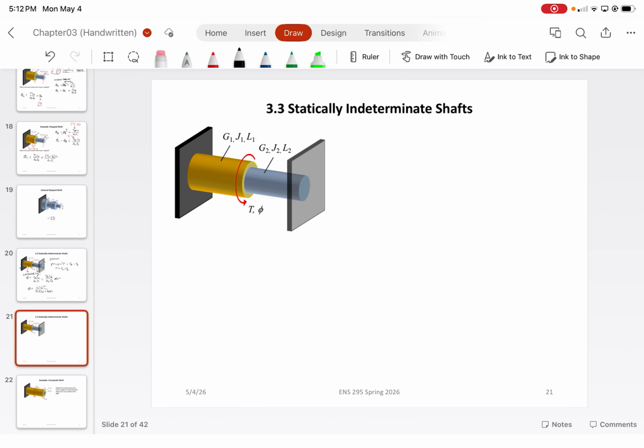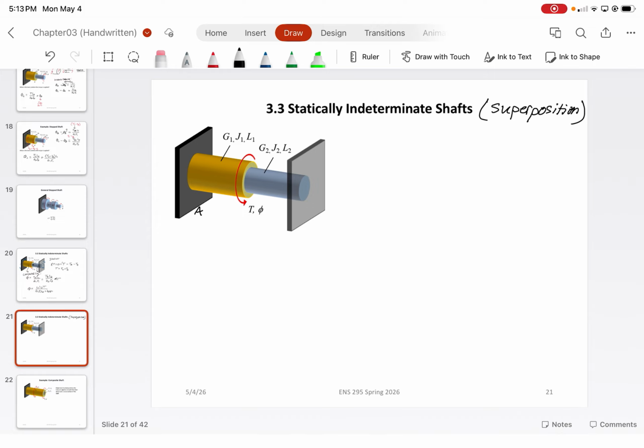All right, so when it comes to the superposition method, I'll write superposition here. The first step would obviously be to remove one of the redundants, right?